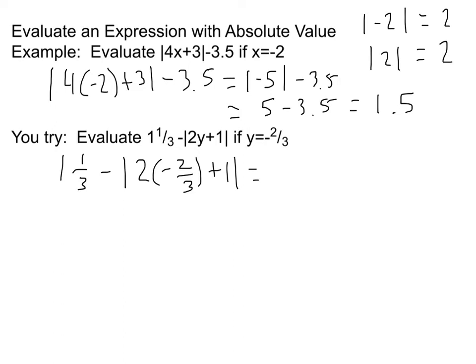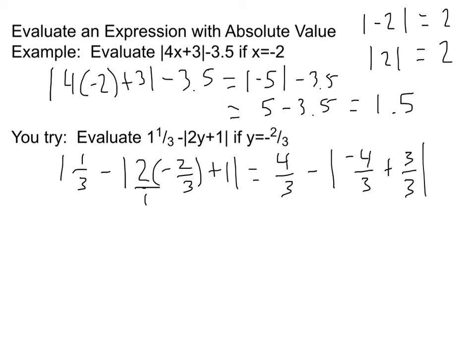Remember, 3 over 3 is the same thing as 1. 3 over 3 plus 1 over 3 is 4/3, same thing as 1 1/3, minus the absolute value. Okay, remember this is like having a 2 over 1, so it would be the absolute value of negative 4 over 3 plus 1, but we need to have a common denominator to put these together. So 1 is the same thing as 3 over 3.